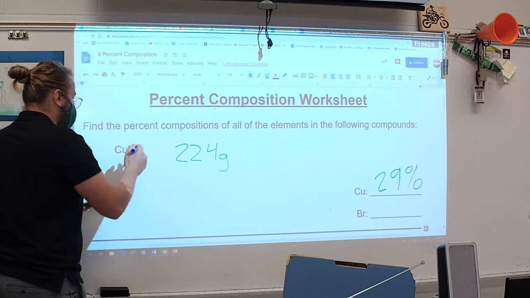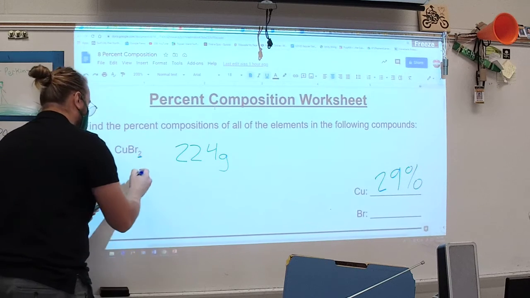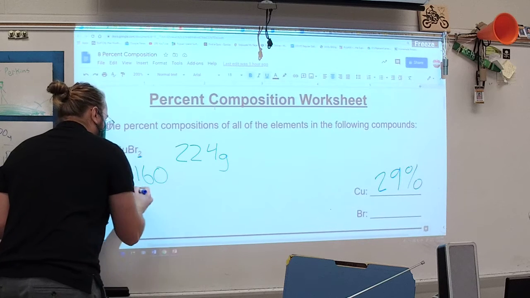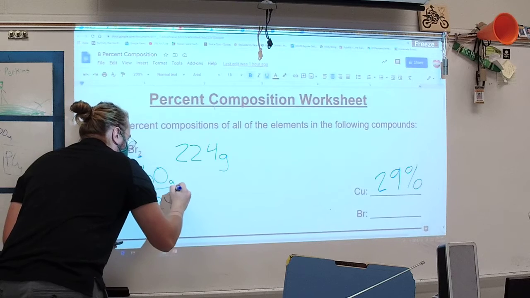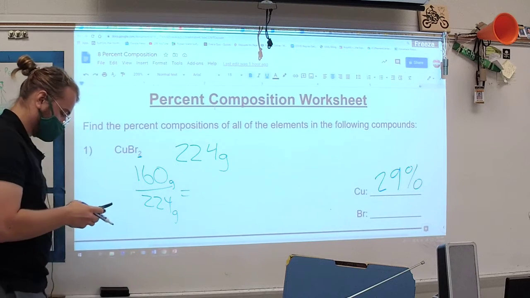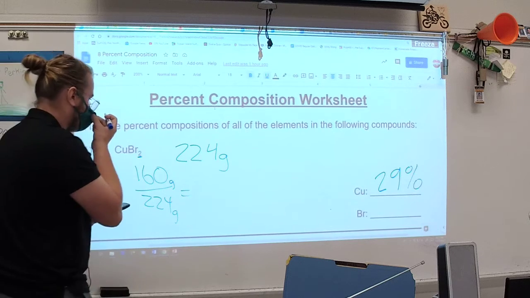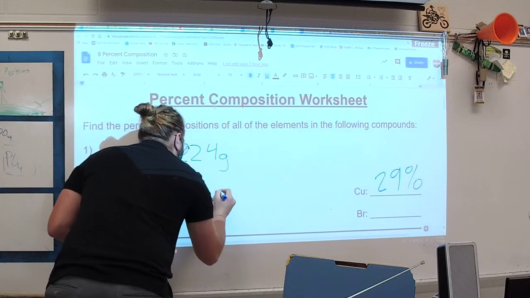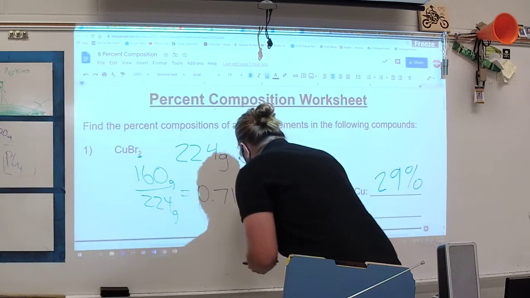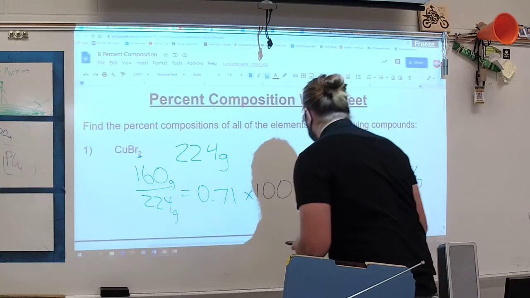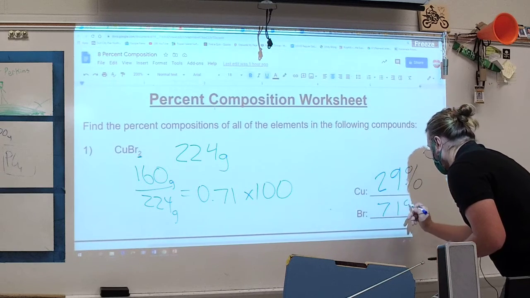So if bromine is 80, 2 of them would be 160. 160 divided by 224 is equal to 0.71. If we want to put that in percentage, we multiply by 100, and we get 71%.